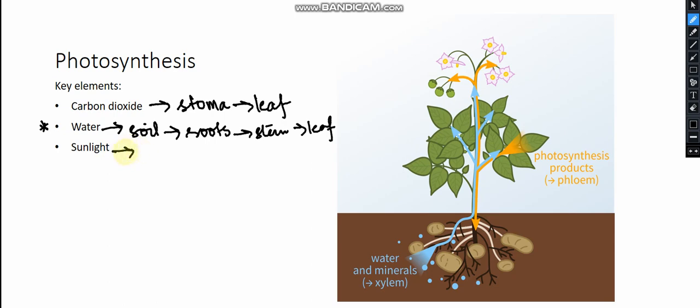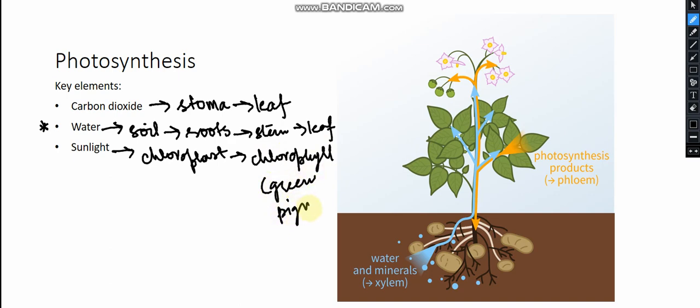So I can say that the sunlight is absorbed by chlorophyll, which is a green pigment in chloroplast.